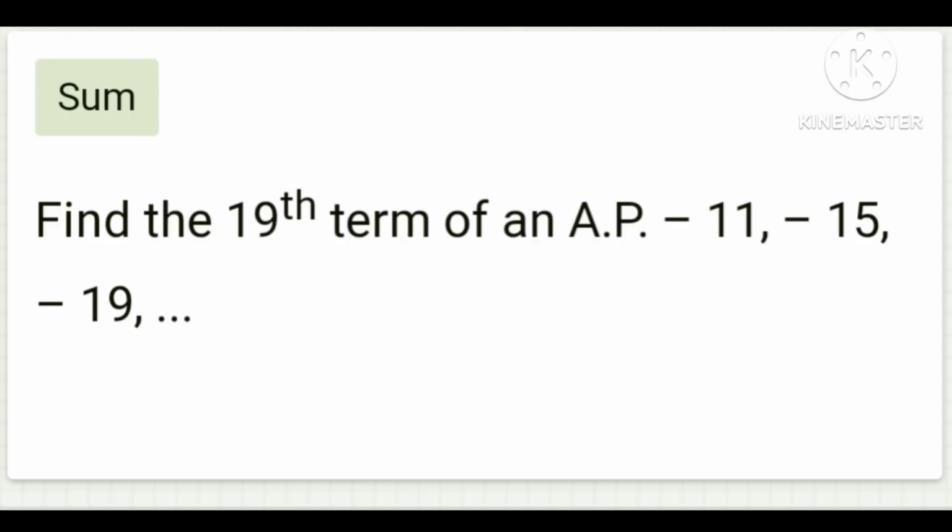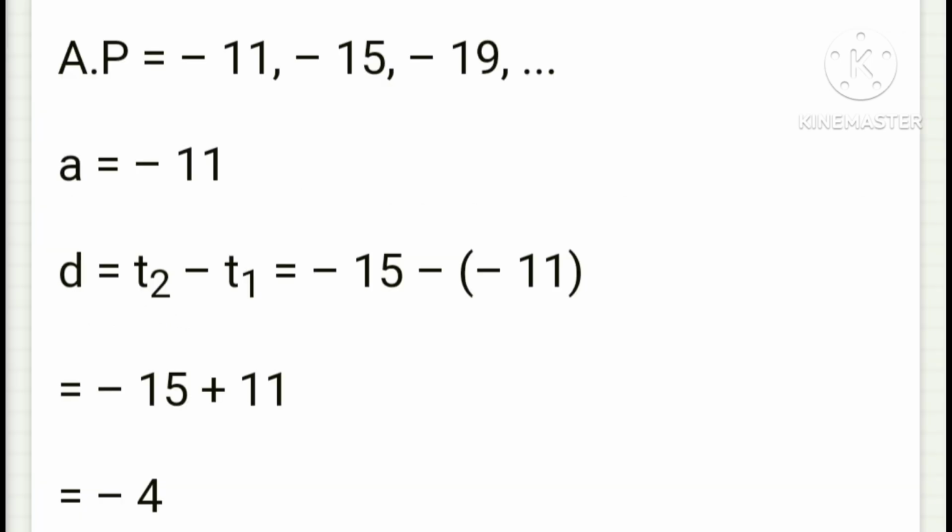Let us study an example of how to find the nth term of an AP by using the formula. Find the 19th term of the AP minus 11, minus 15, minus 19 and so on. Here the given AP is minus 11, minus 15, minus 19 and so on.